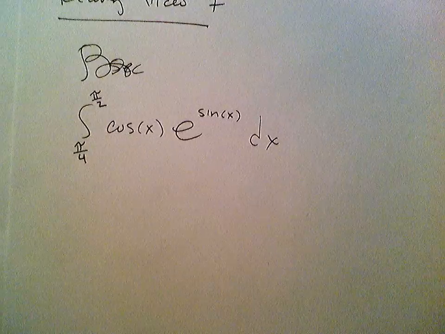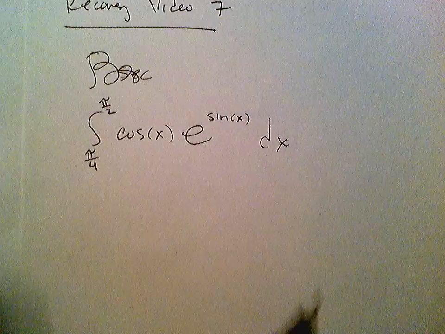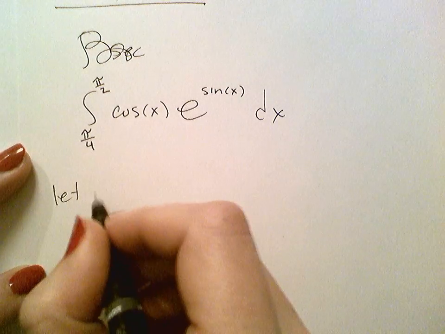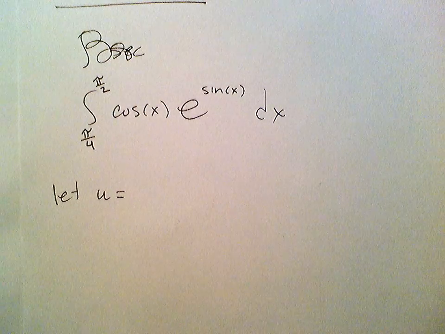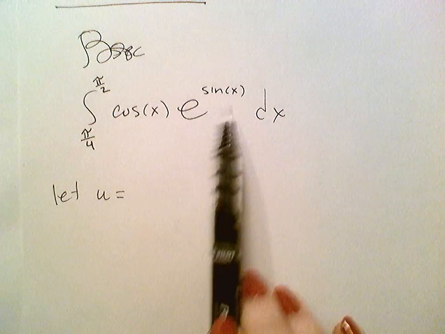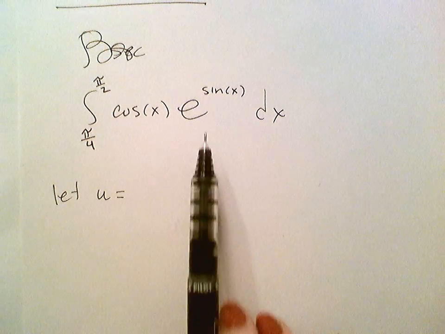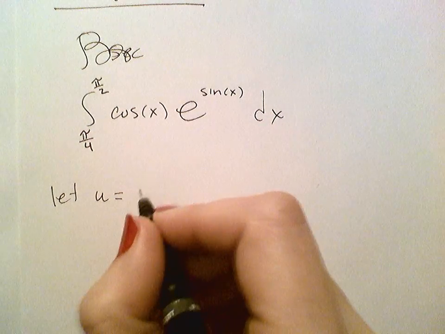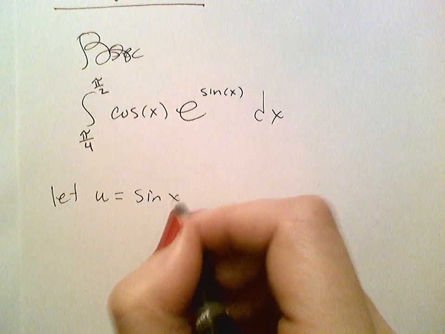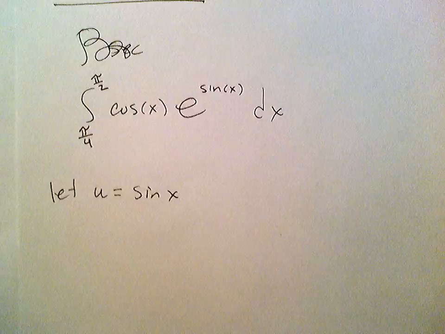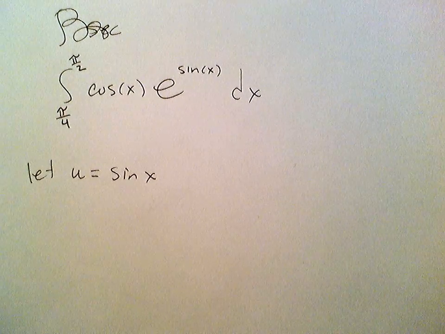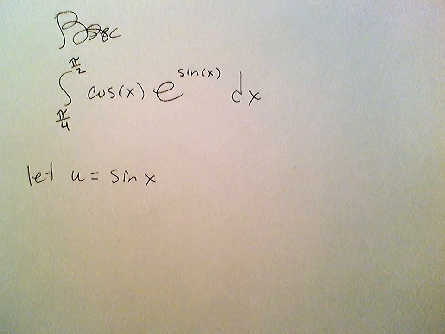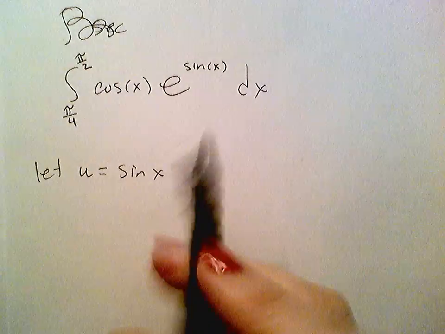Now, I have to use U substitution. So I'm going to let U equal a function that I see is inside of another, and I see that sine of x is inside of e to the blank. So I'm going to let U equal sine of x. Let me go through this other stuff first.